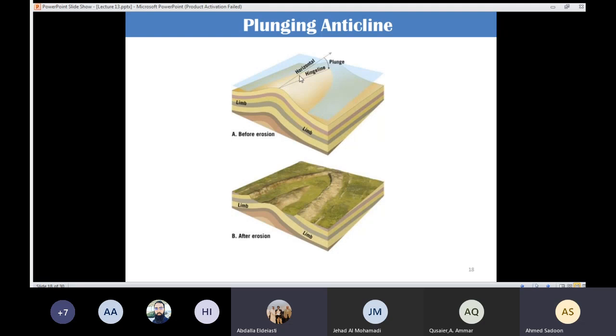Of course, the top part. So the top part is going to be subjected to the erosion conditions. So we are going to say that if erosion is present, in that case, we are going to have something like that, because the part here and some of the part here is going to be eroded. And as a result, I'm going to have something like that.